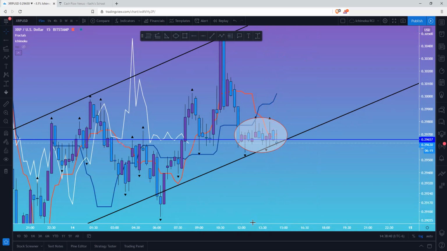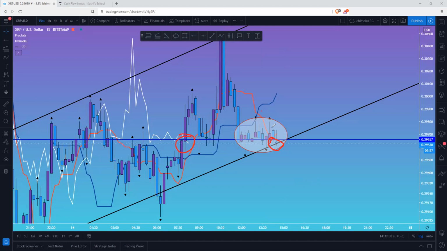The Chikou span is going down. That candle right as of now is basically saying it's going down. The Chikou span and the Kijun are far apart from each other.